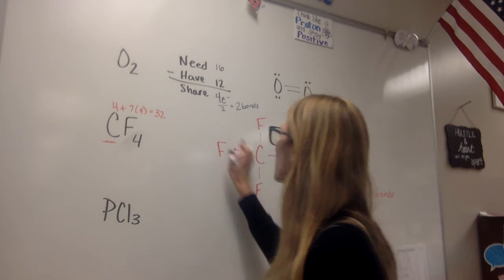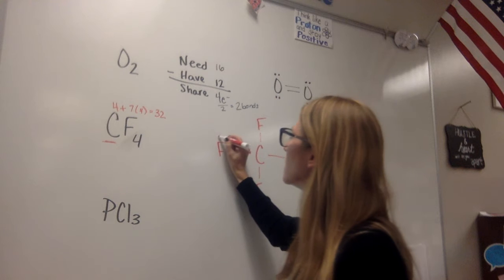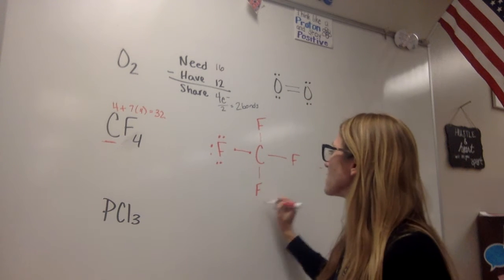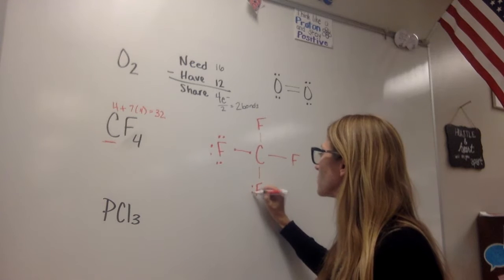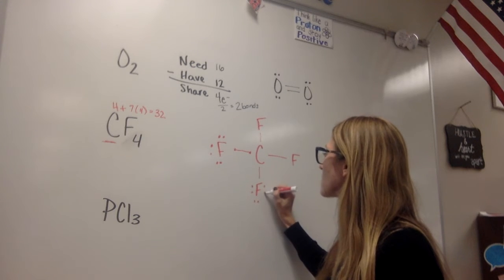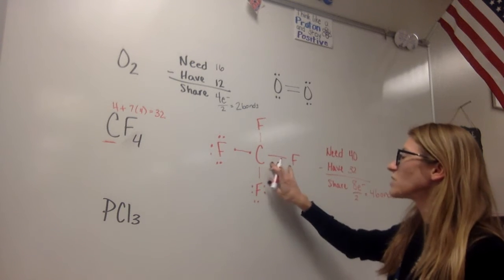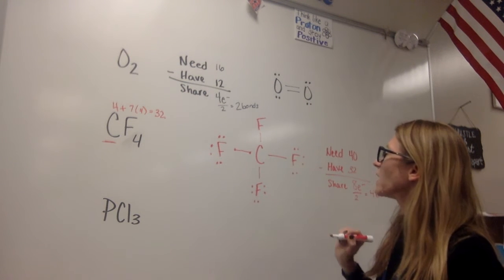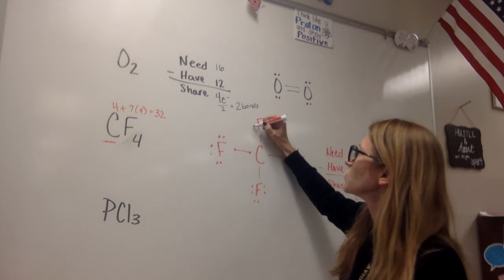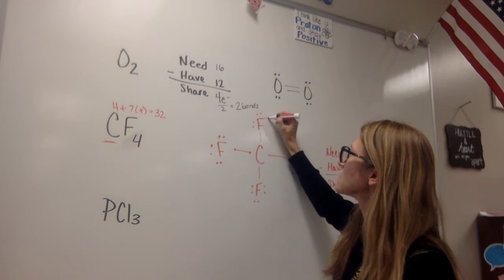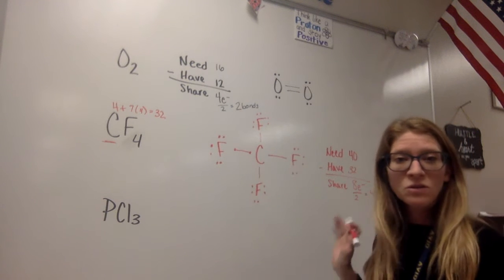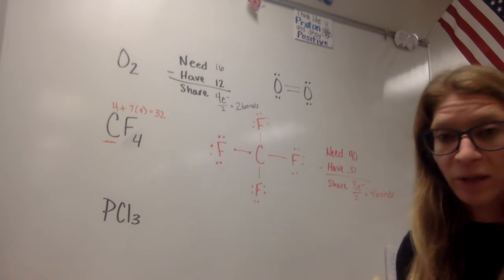So fluorine over here would have 2, 3, 4, 5, 6, 7, 8. The other fluorines each have 8 as well. Carbon is sharing 2, 4, 6, 8. So carbon is good, it's stable, it's happy.